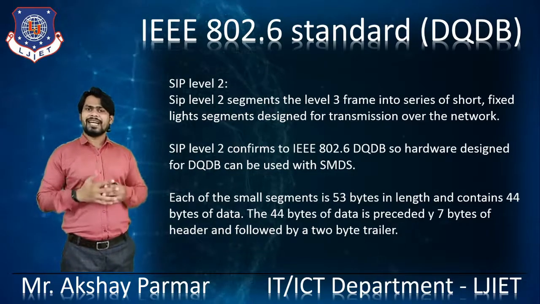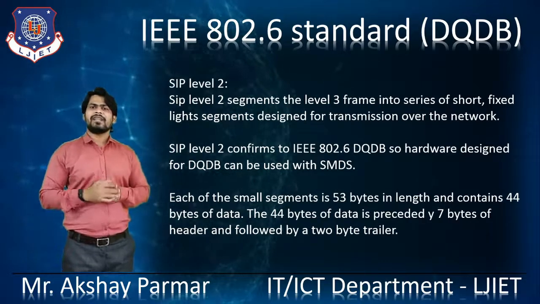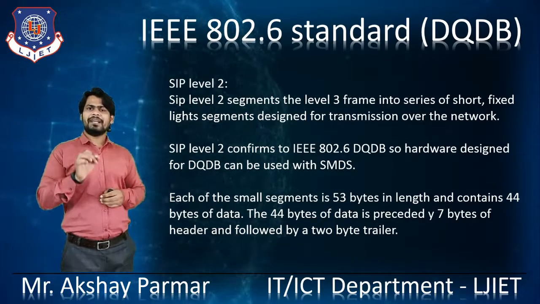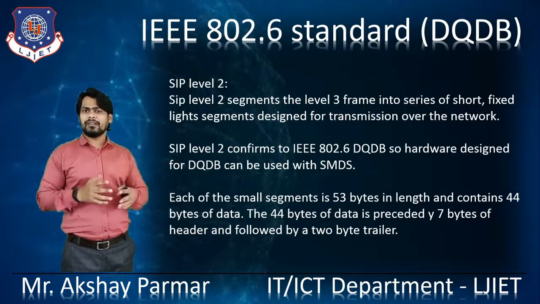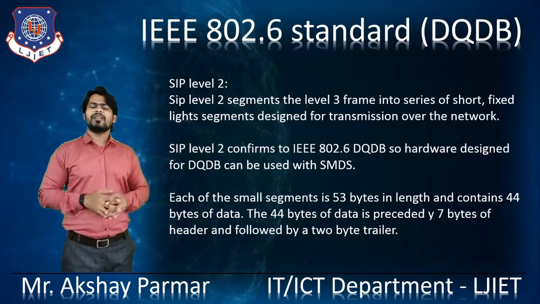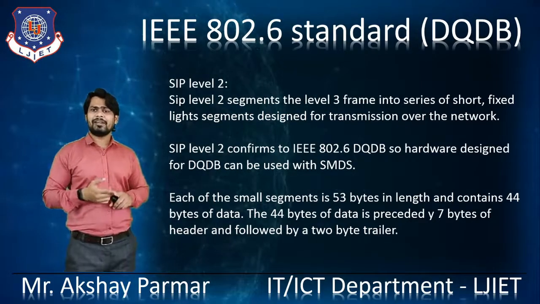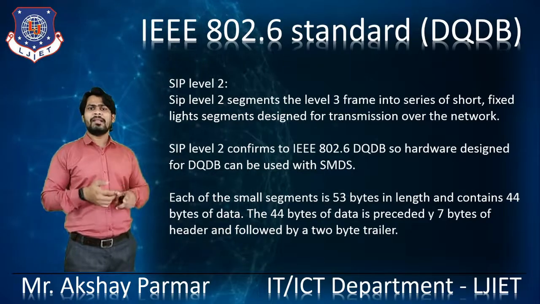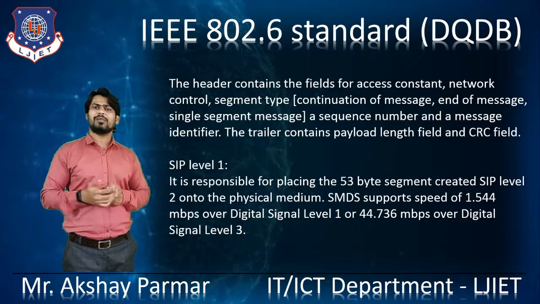So hardware designed for DQDB can be used with SMDS. Each of the small segments is 53 bytes in length and contains 44 bytes of data. The 44 bytes of data are preceded by 7 bytes of header and followed by 2 bytes of trailer. Right? That's how SIP level 2 is working.